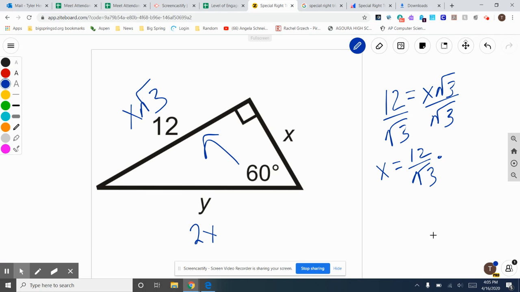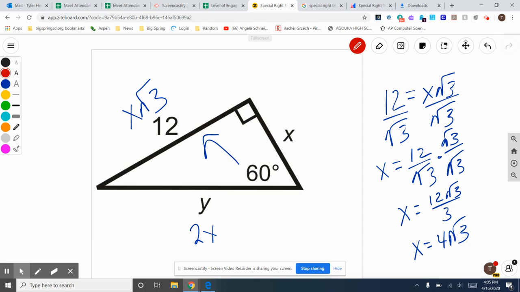So we have to multiply by root 3 over root 3, which is just 1, so life is good. So what happens is I get 12 root 3 over square root of 3 times square root of 3, remember, is just 3. So if I simplify that, basically x equals 4 root 3.